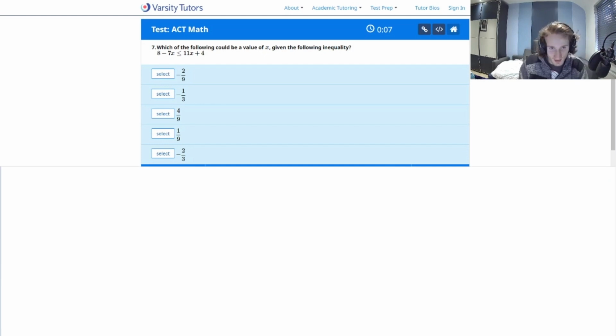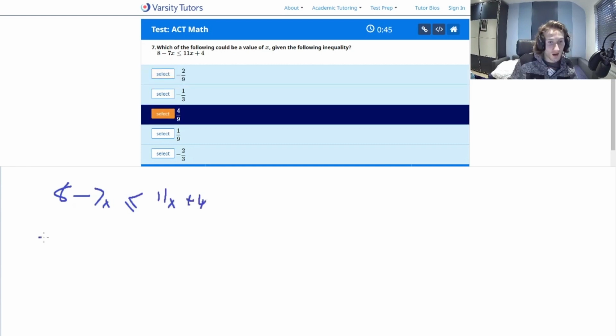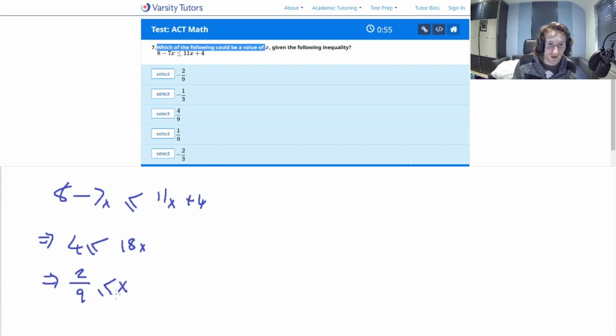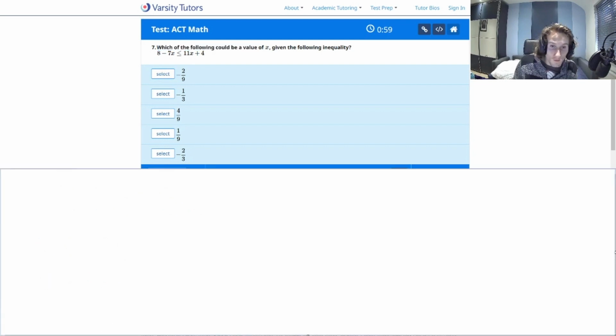Which of the following could be true given the following inequality? Okay, it's that simple. We're just going to solve it like a linear equation. 2 9ths, which is not one of the answers. Why? Hold on. Which of the following could be true? Oh, which one could be a value for x?